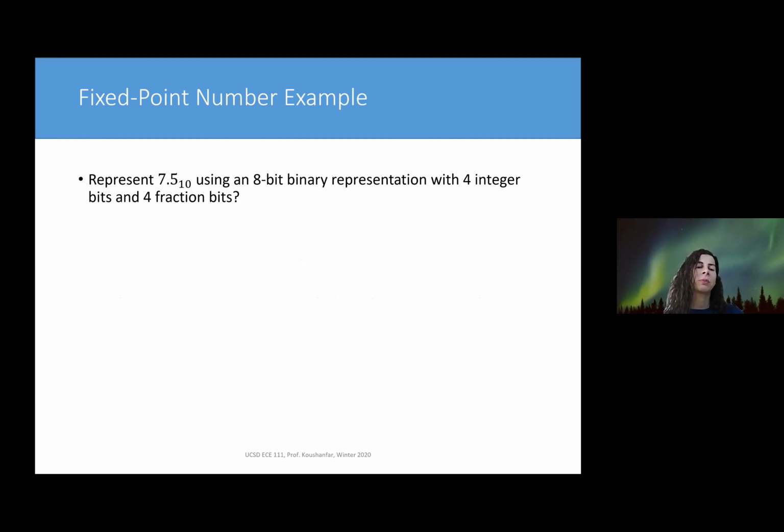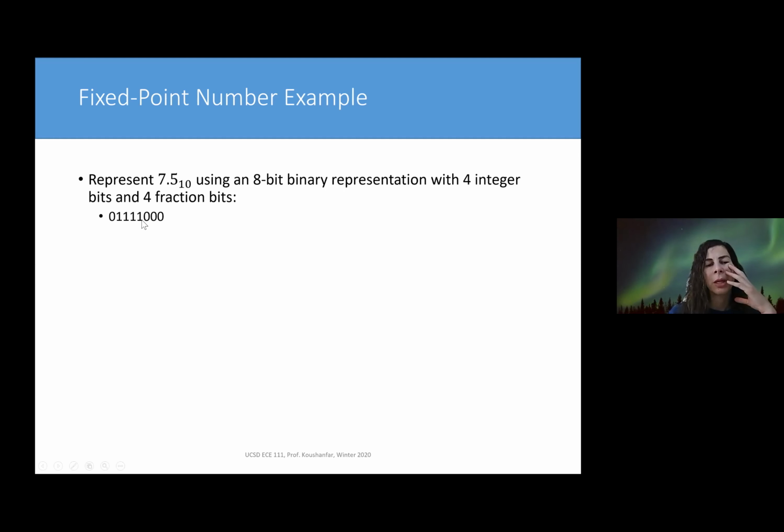For example, if you're representing 7.5 in base 10 using an 8-bit binary representation with 4 integer bits and 4 fraction bits, we could write 7, which is 0, 1, 1, 1, and then the half, which, as I mentioned, is shown by one bit after the fraction point.